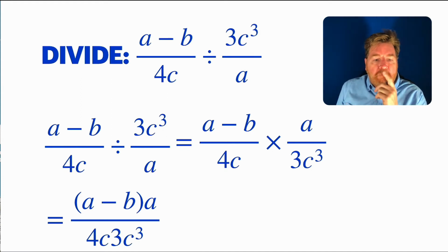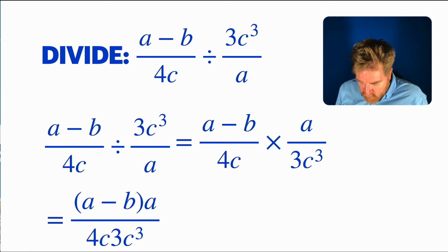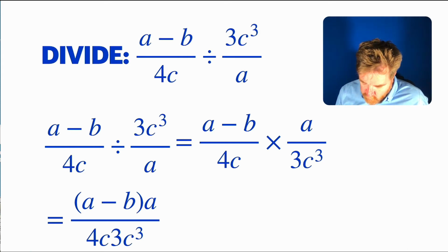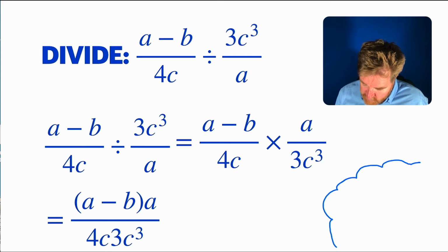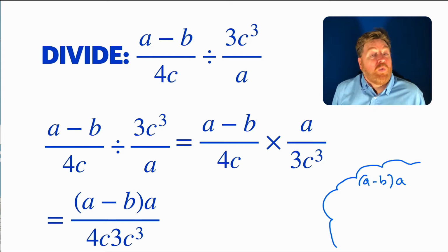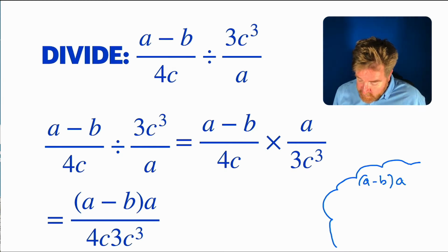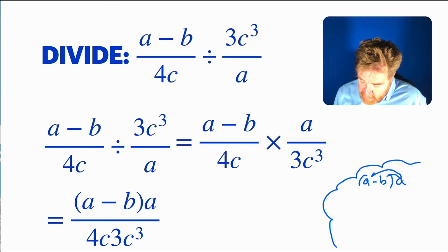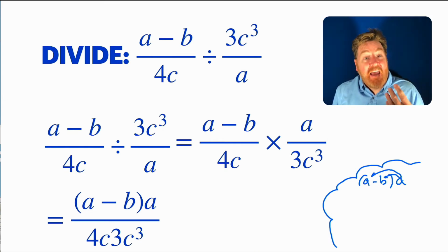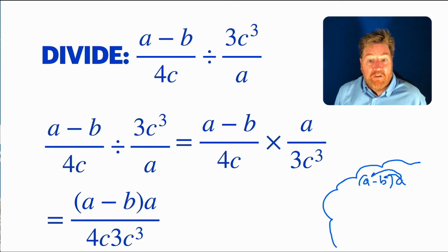All right, well, let's go ahead and multiply that top. I'm going to do some work off to the side here. Let me put a little bubble for some side work. So a minus b, that quantity, times a, we're going to need the distributive property to do this. So how about we take the a and multiply it by every term in that other factor.